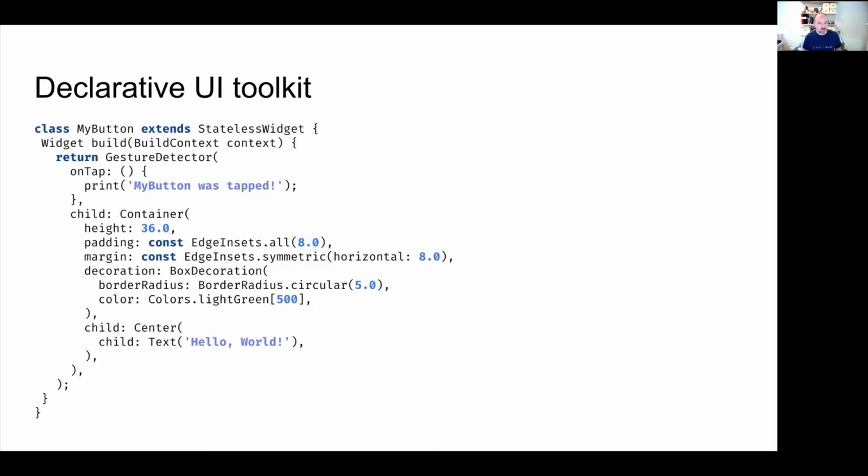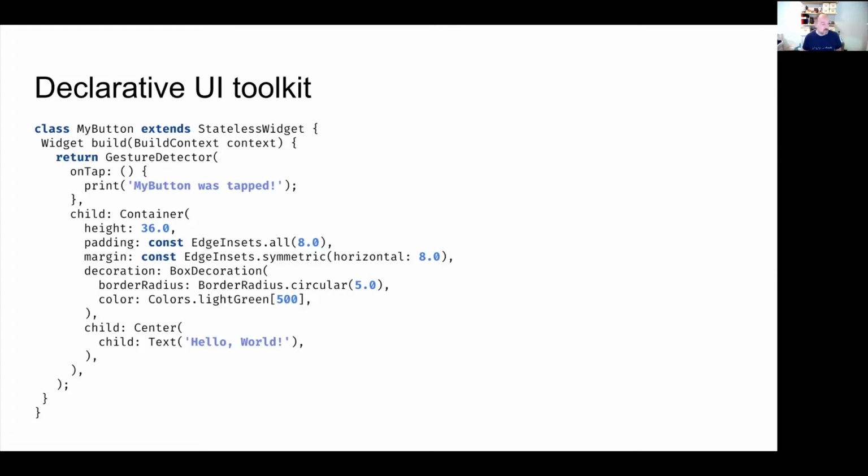It's hard to explain in a brief explanation like this, but I will show examples that will probably explain it in more detail. The way you can think about it is that the UI is declared. You declare the properties of the widgets instead of using the more imperative approach that other UI toolkits have used.